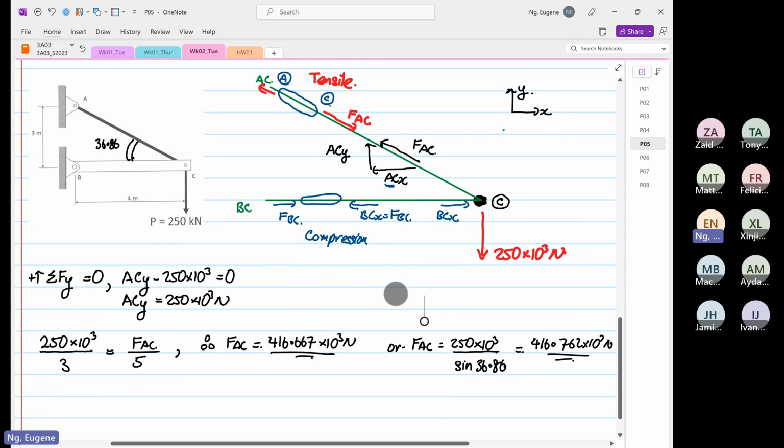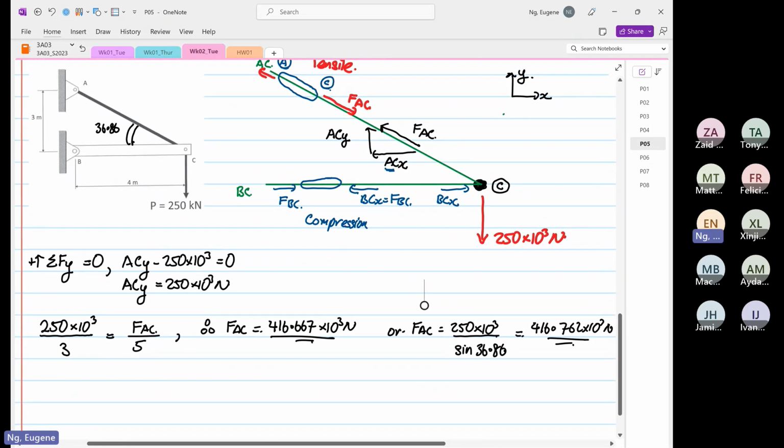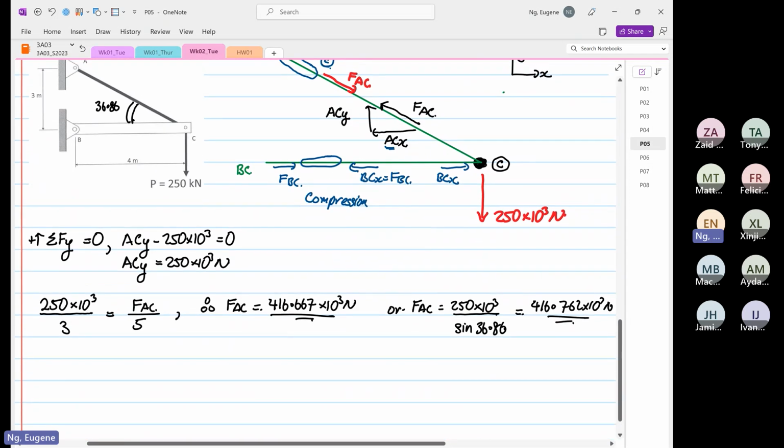So from here, we know what our FAC is already. What I'm going to do is find FBC also. So we can find what our ACX is. To determine ACX, we know what our ACY is, so I'm going to use similar triangles again.